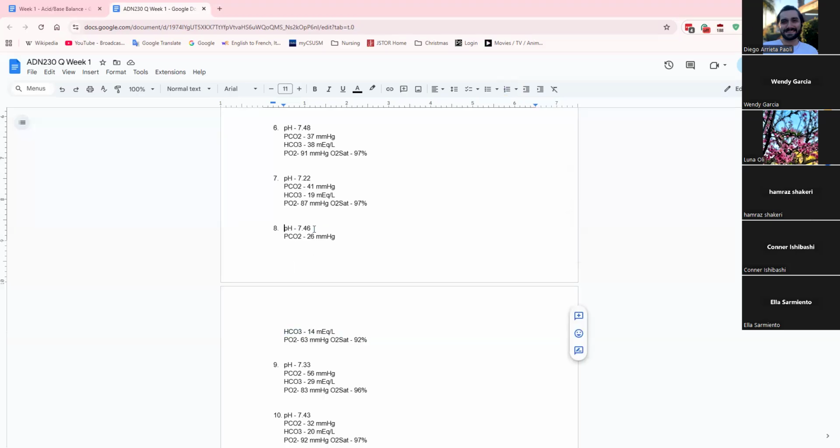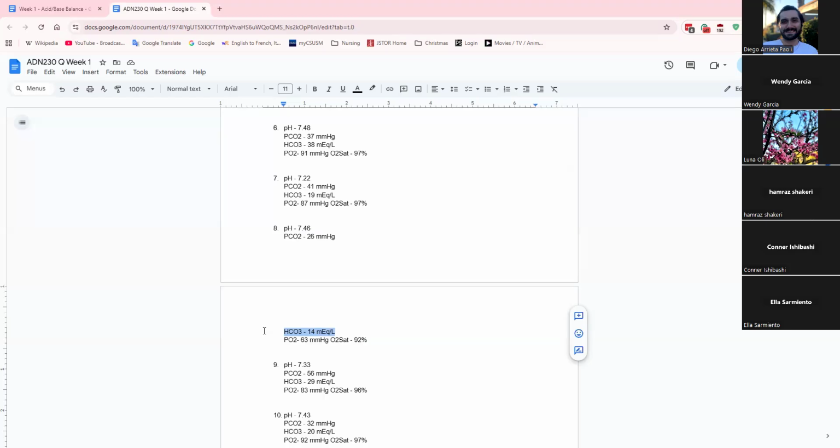So then, what determines whether something is a partial versus a no compensation is looking at that third value. We matched the pH with the CO2, so now to determine the compensation, we're looking at that third value. We see that that third value is abnormal. So again, I want you to think of it like that bicarb is being used up for the sake of compensation, just like when you have a patient with low blood pressure, their heart rate and their respiration rates are higher, they're abnormal because you're compensating.